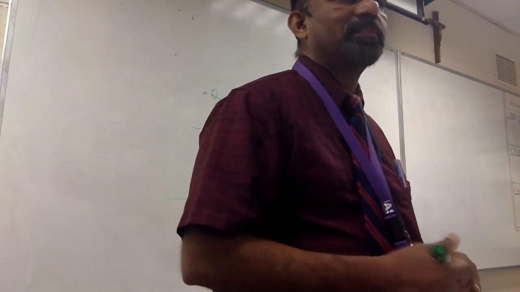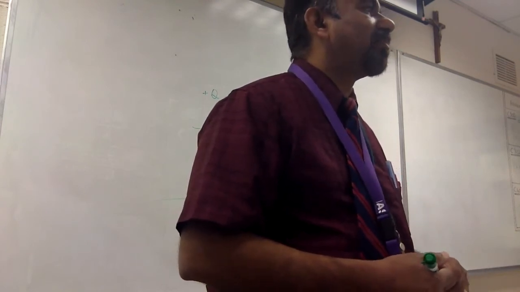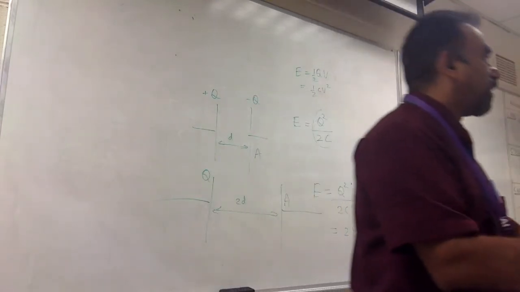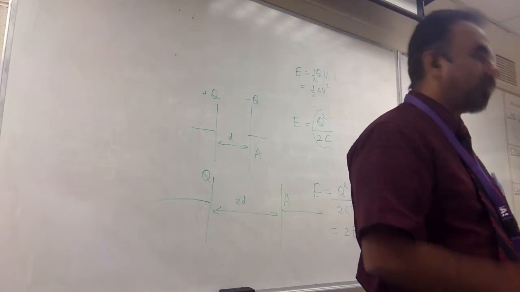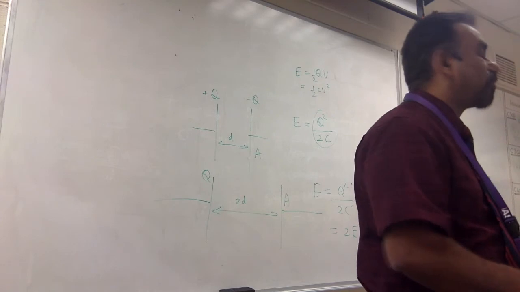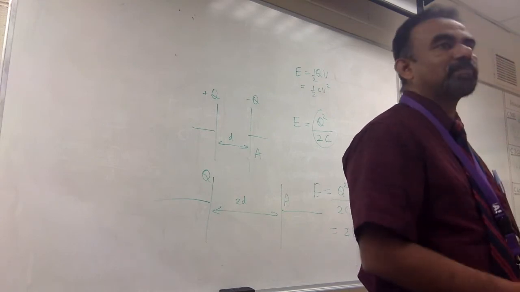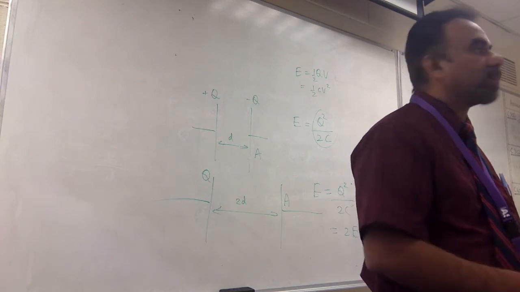How much work was put in? It had energy E. Then when the plate separation was doubled, now the energy is 2E. How much work was done? E. That's the amount of work done.